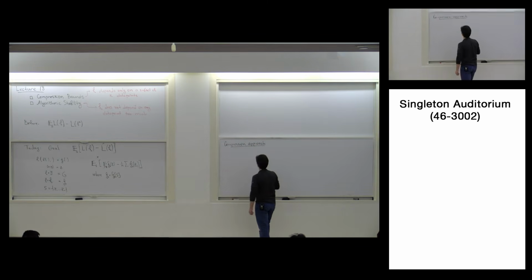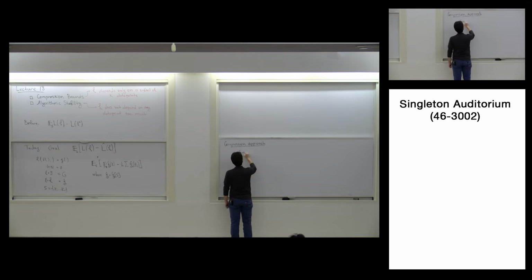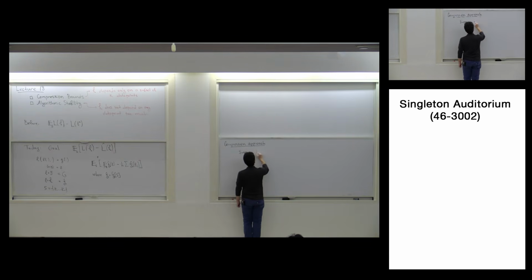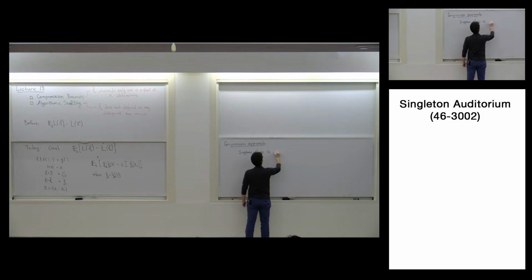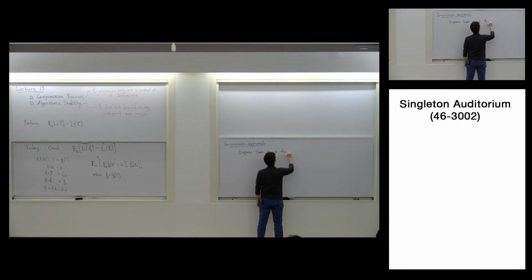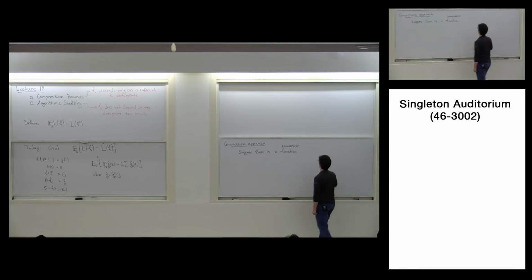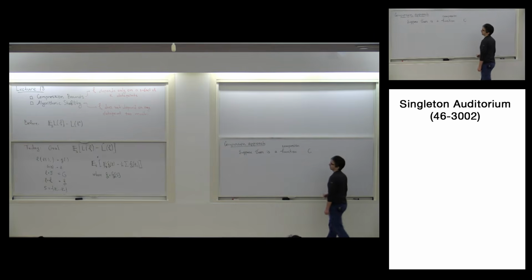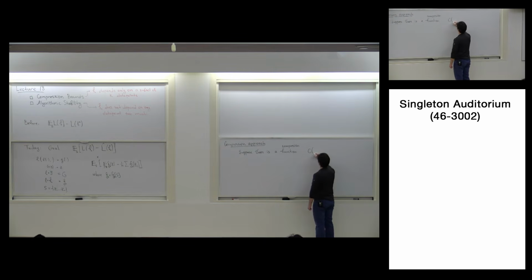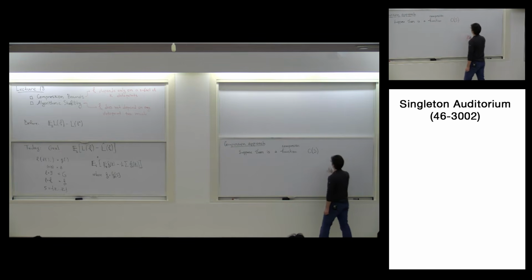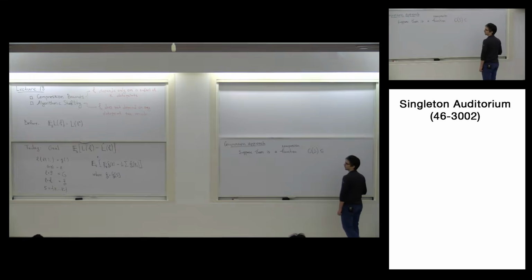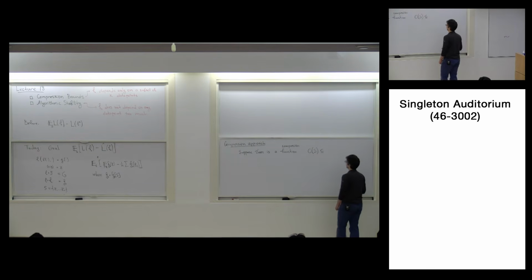So suppose there is a compression function, or a selection function C, which takes as the input the data set S and outputs a subset of that data set.